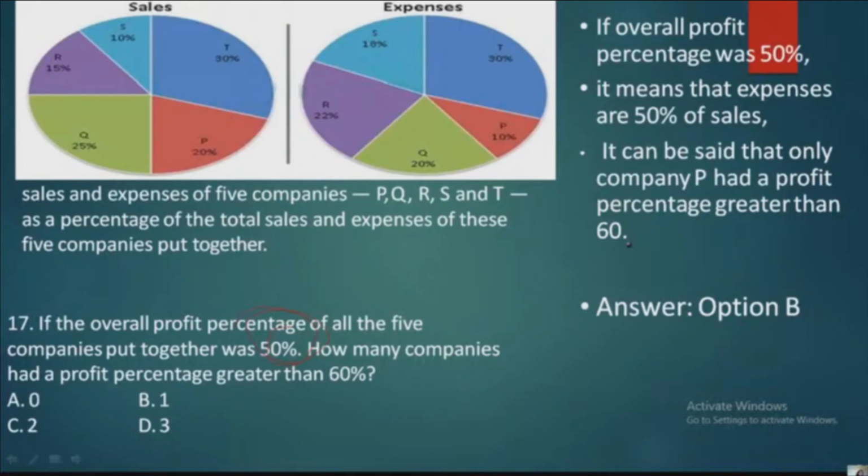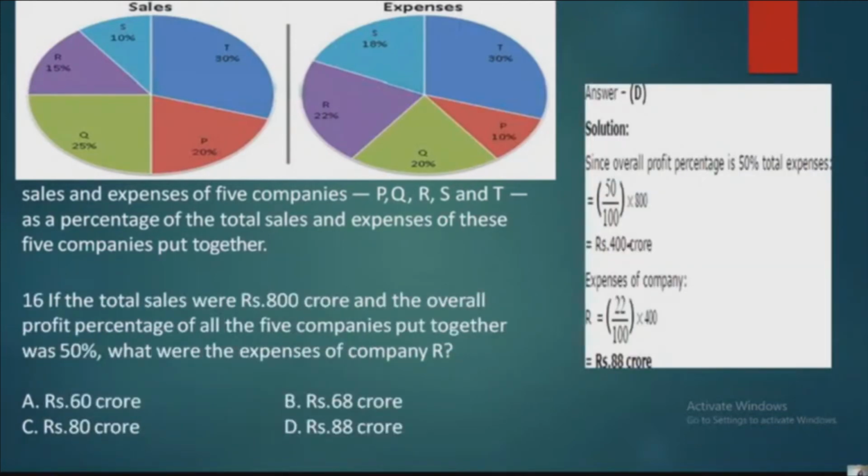Previous one? Yeah, sure, I'll explain it. Listen here. See, the total sales, they are saying it is 800 crores, and the overall profit percentage of all the 5 companies is 50%.